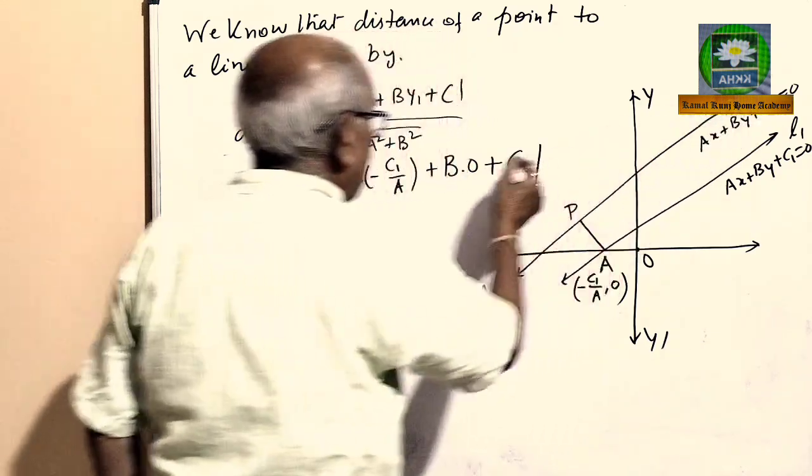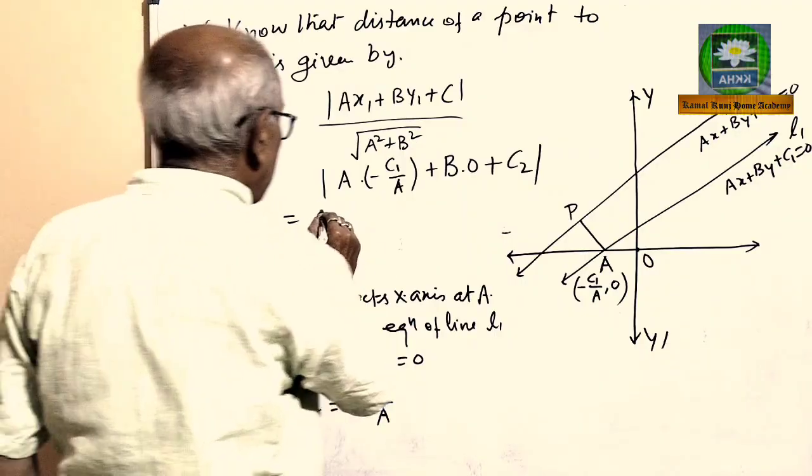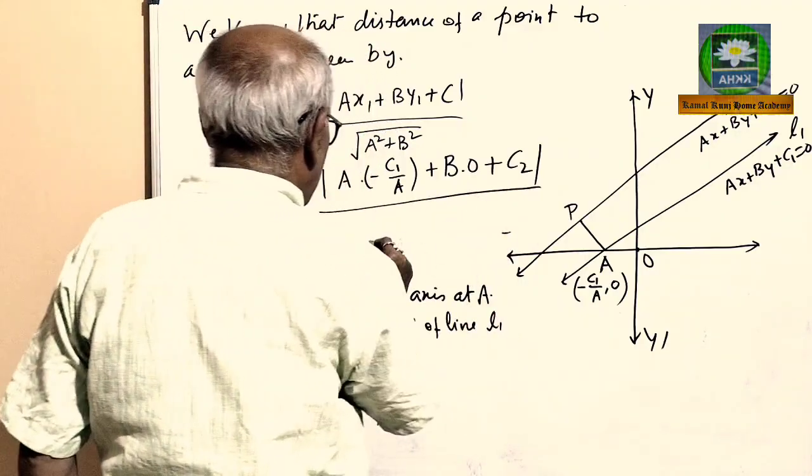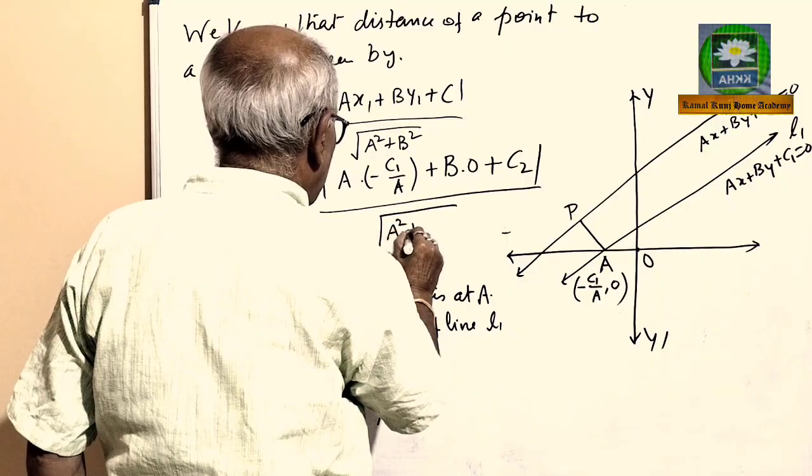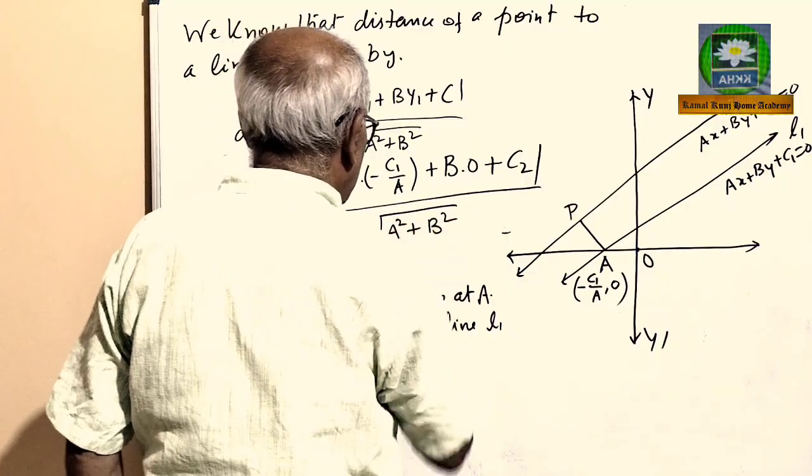It is c2, divided by under root a square plus b square.